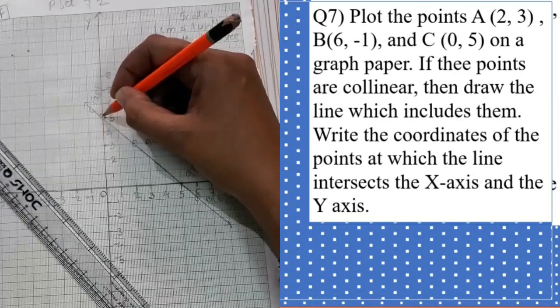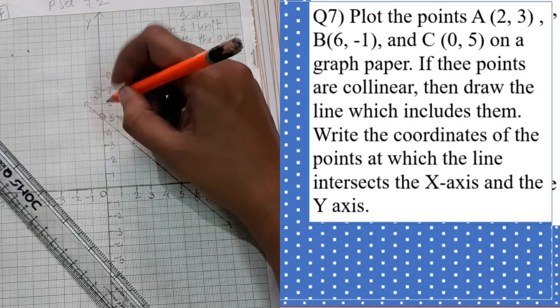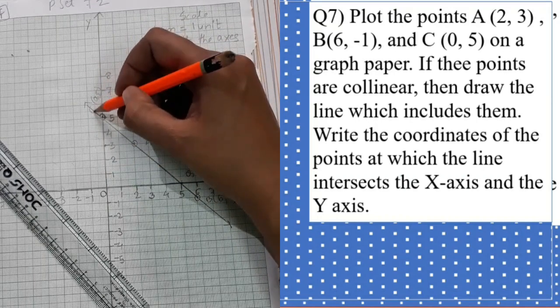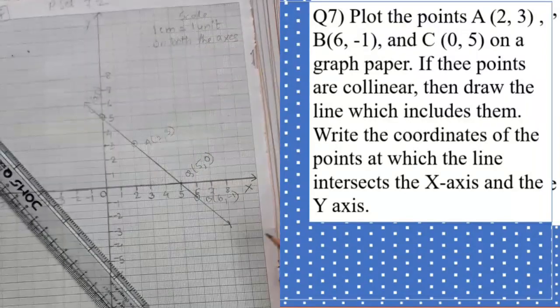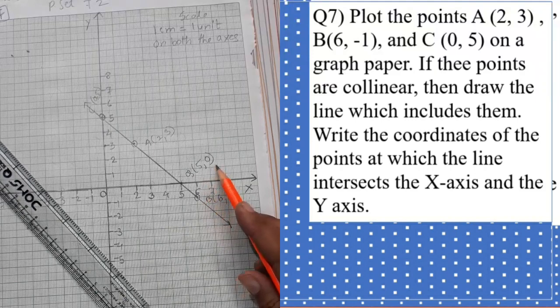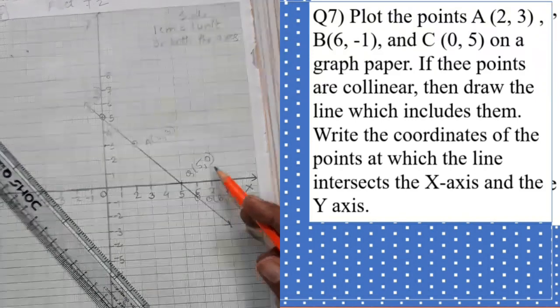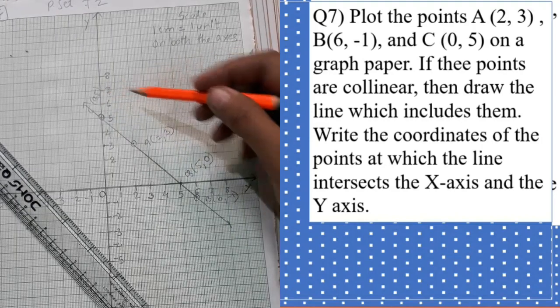So we get y coordinate 5, which means the x coordinate will be 0. So we already have the point C, which is 0 and 5. So we'll write the statement: the points are collinear. The line intersects the x-axis at the point Q, which is 5 and 0, and the y-axis at the point C, which is 0 and 5. Clear?